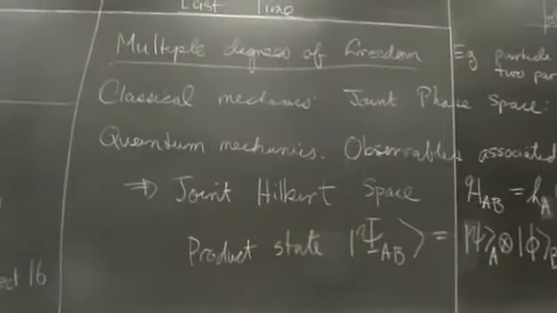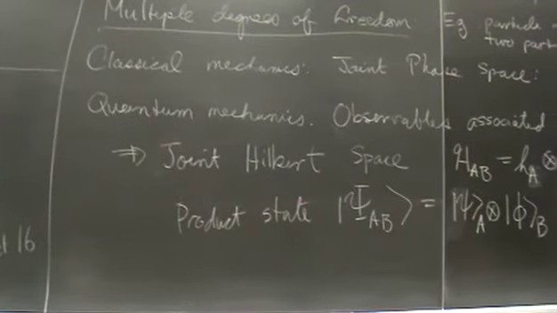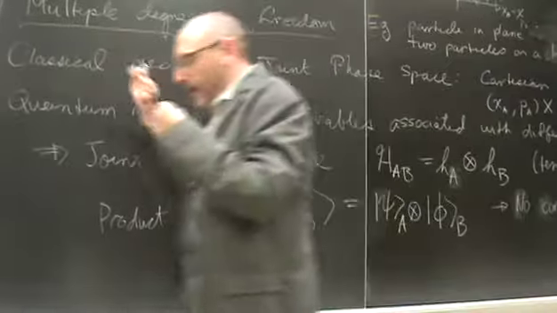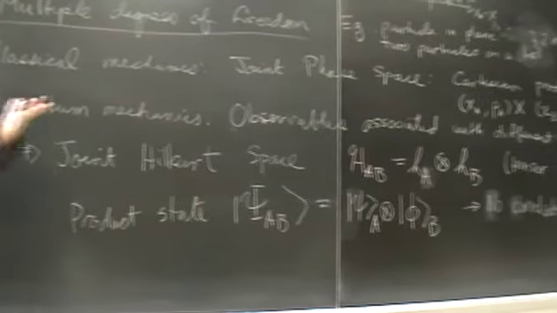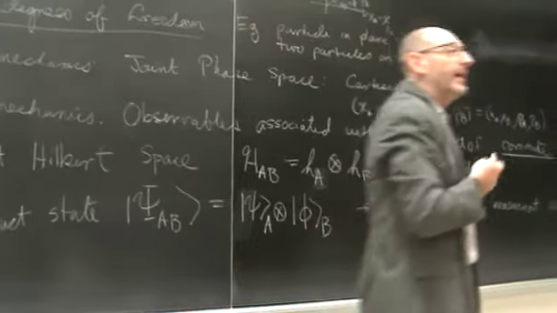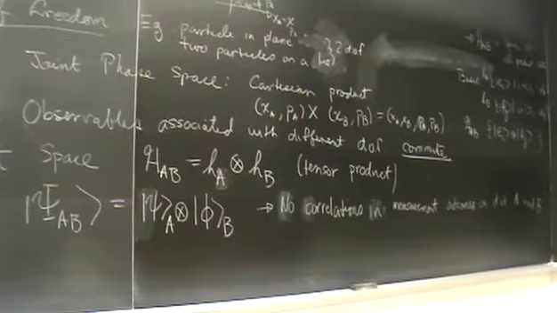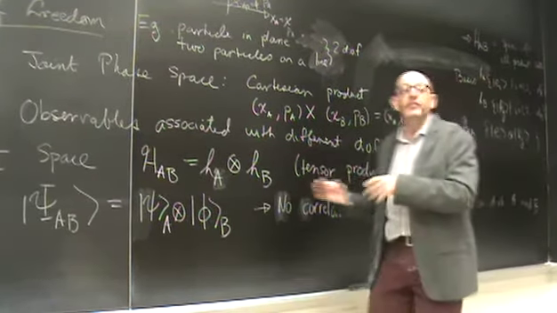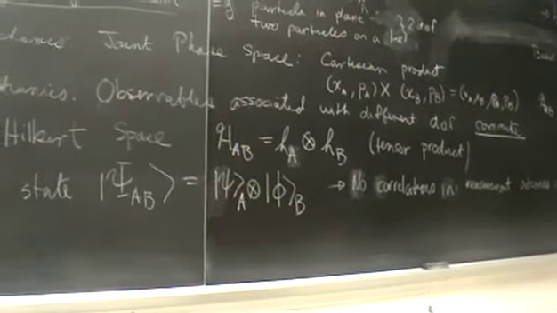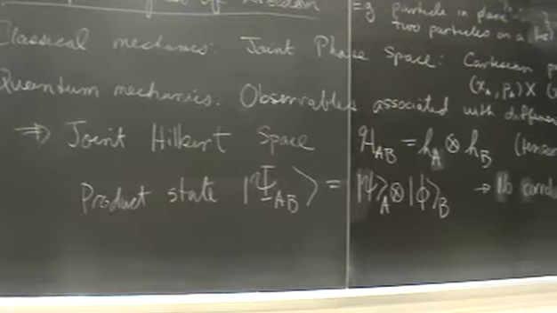In quantum physics, what we said was that if I have different degrees of freedom, observables associated with those different degrees of freedom commute. Okay? And that means we can define separate Hilbert spaces for degree of freedom A and degree of freedom B, with observables that act on each of those Hilbert spaces.